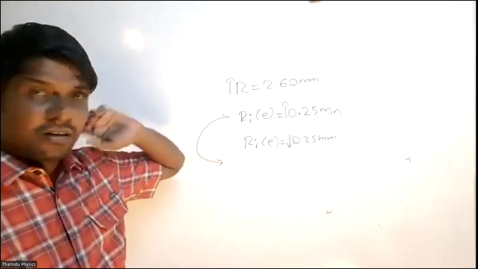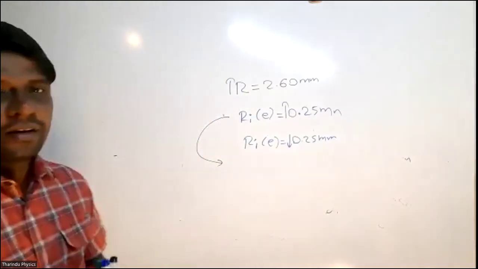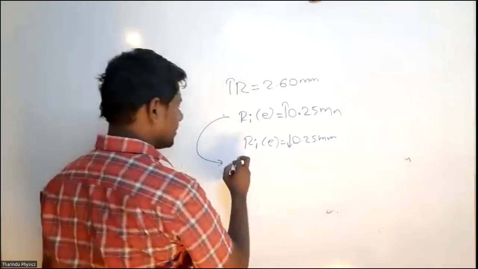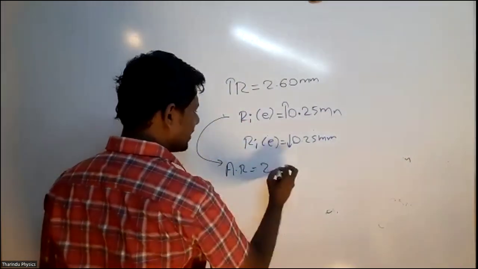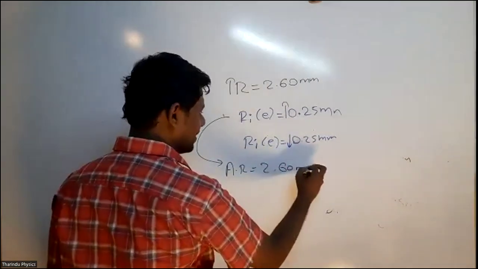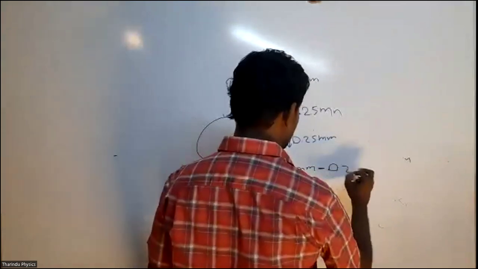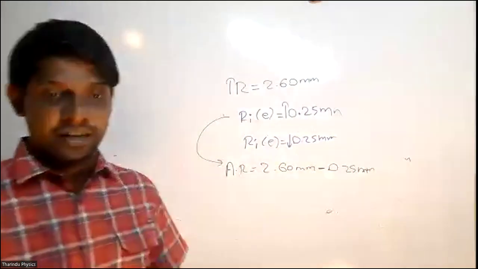Yeah, correct. Pashan, correct. Subtract. That means the actual reading is 2.60 millimeter subtract 0.25 millimeter. The reason is both of them are on the same side.